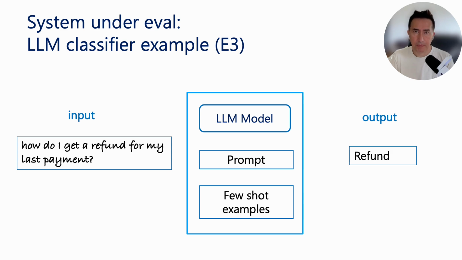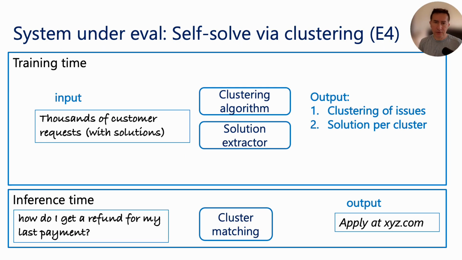For self-solve via clustering, things are even a little bit more complex. We have a bunch of moving parts here. We have first the clustering algorithm that itself has many different options and many different decisions we can take. Then we have the solution extractor, this process of going through tickets in a cluster and trying to carve out a common solution.